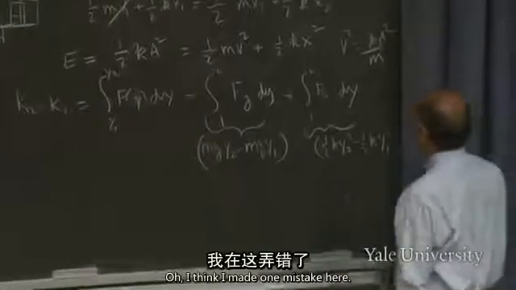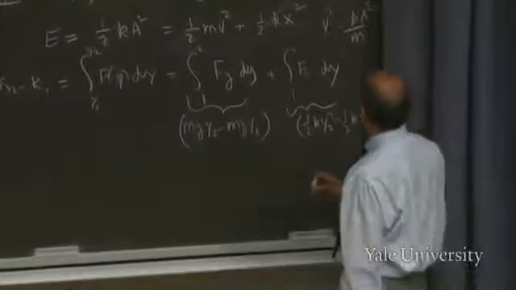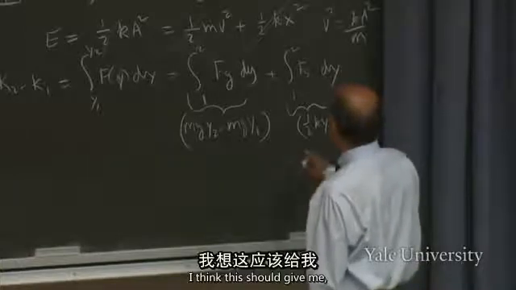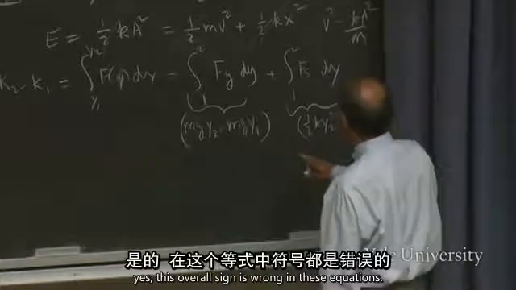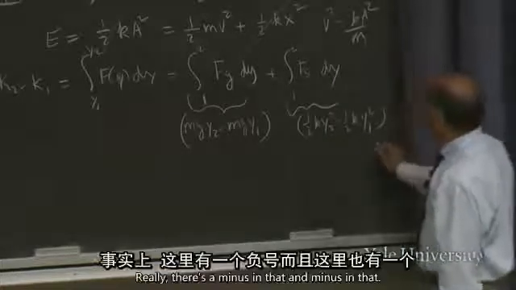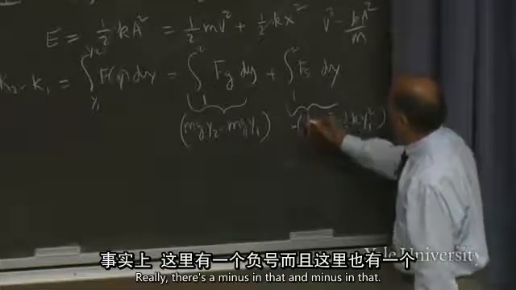Oh, I think I made one mistake here. I think this should give me, yes, overall the sign is wrong in these equations. Really, there's a minus in that and a minus in that.